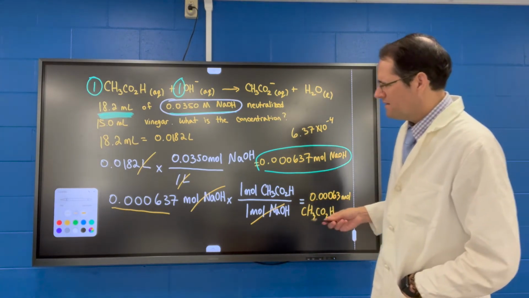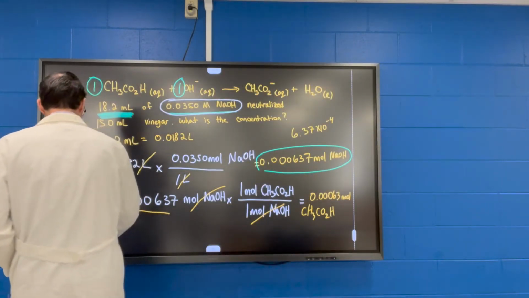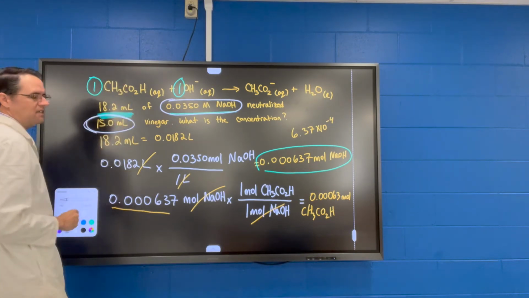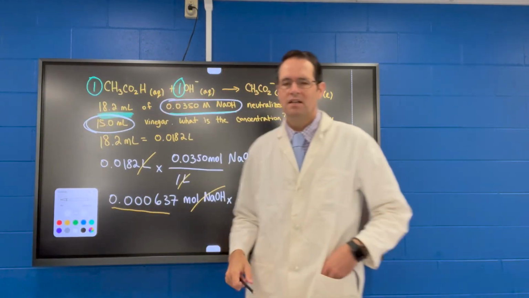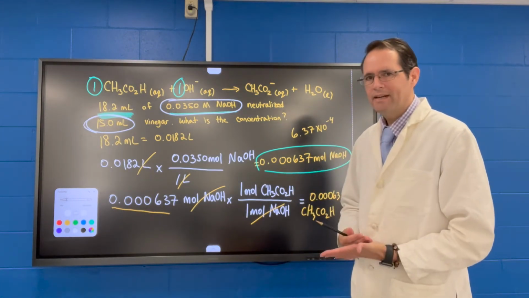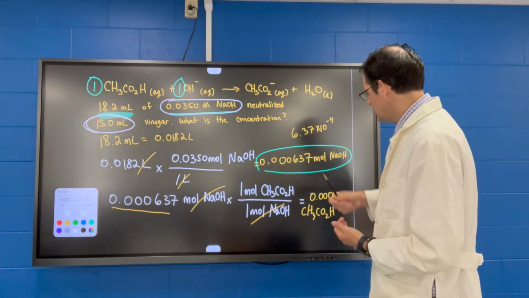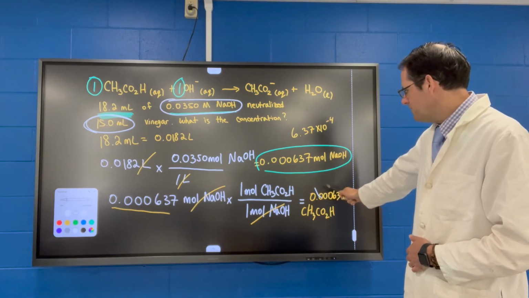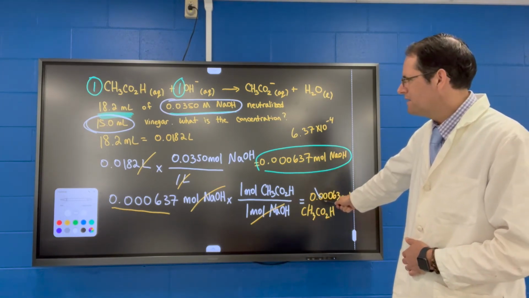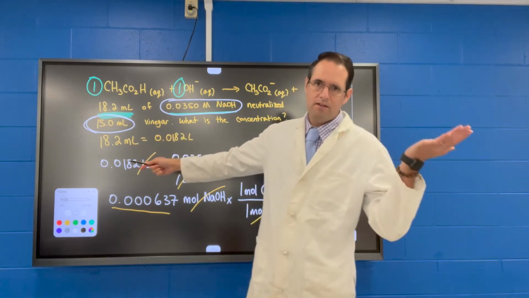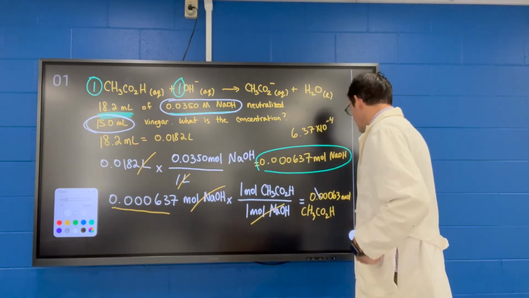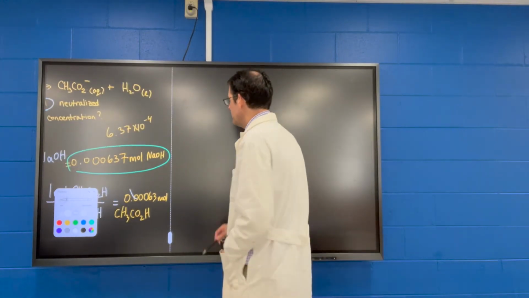Now, this is at the very end of the problem when we actually utilize this information right here, the 15 milliliters. So we know that molarity is a unit of concentration. It's moles divided by liters. We have moles right here that we just calculated, and we can divide that by 1,000 just very easily to get liters. So next we do molarity.